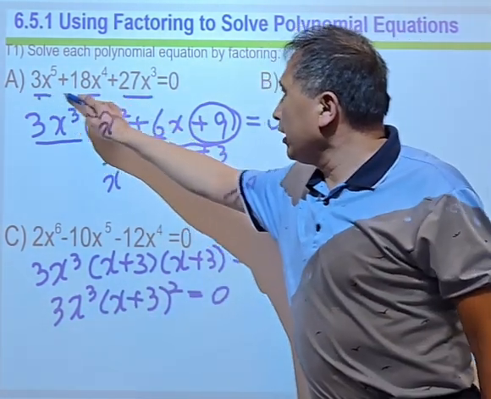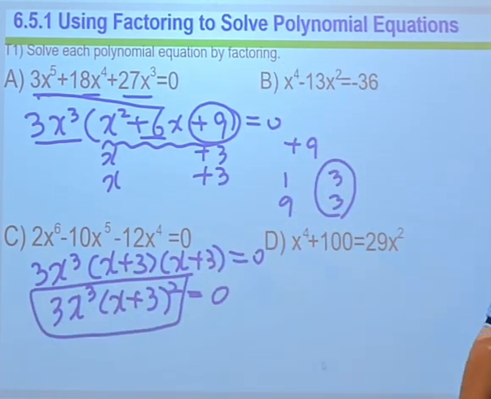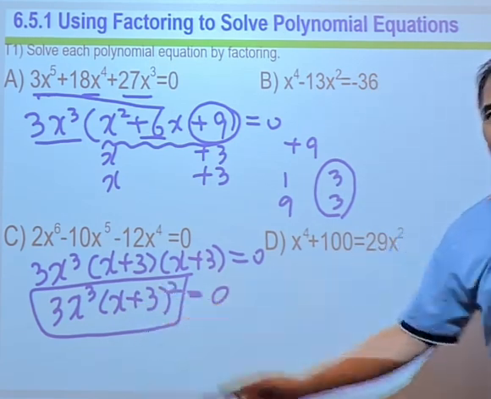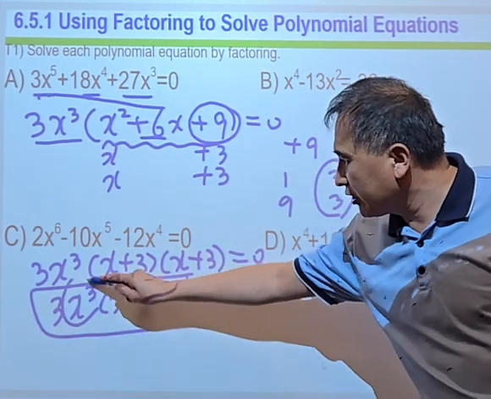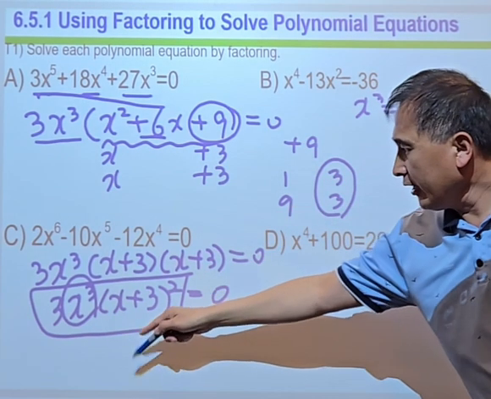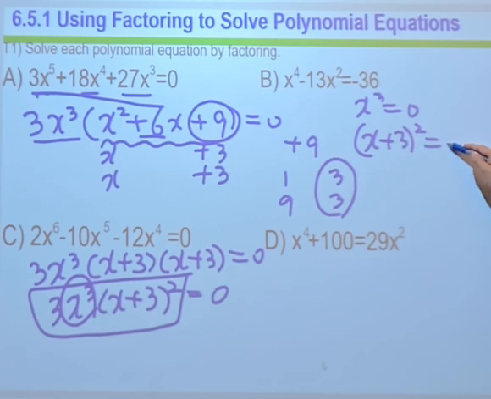So we can factor it like that, right? Now a times b equals 0, then a equals 0 or b equals 0. So from there, x cubed equals 0 and x plus 3 squared equals 0.